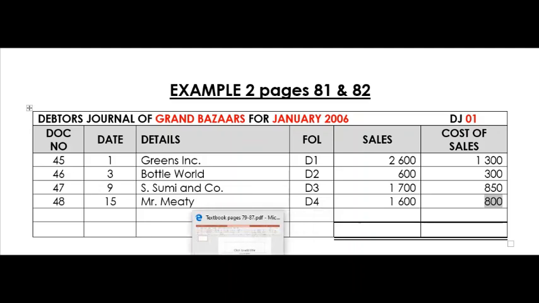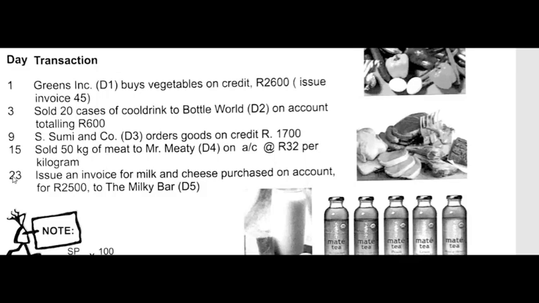And then the last transaction here on the 23rd said we issued an invoice. So that's another way that you would know that this will go to the debtors journal, because if we give an invoice to someone, it means that they have bought from us, they're not paying yet, they're buying on account. Okay, so it must go to the debtors journal because they are debtors.